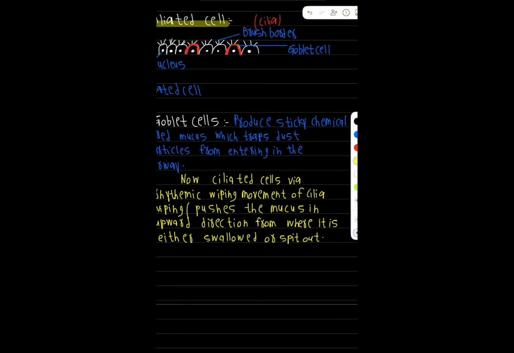Some of you might not have understood till now what this does, so I may draw a simple diagram to make you understand. You can imagine that this is your throat.